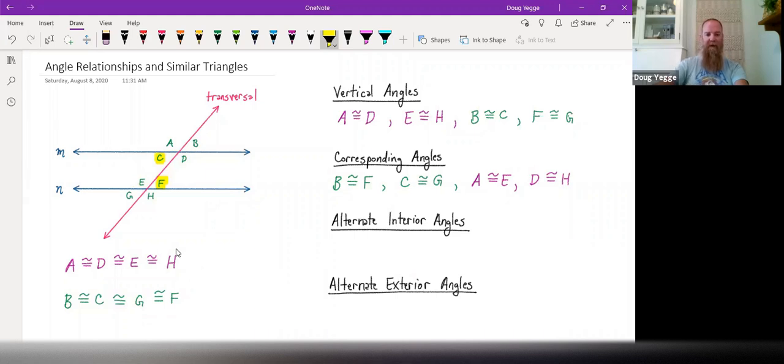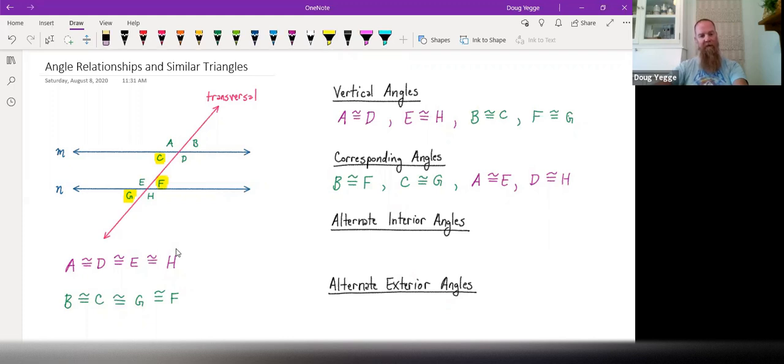Now we already see down here that C and F were congruent to each other, but we had to go through a process of figuring out why. In order to figure out why before, C was congruent to G by corresponding angles, and then G was congruent to F by vertical angles.